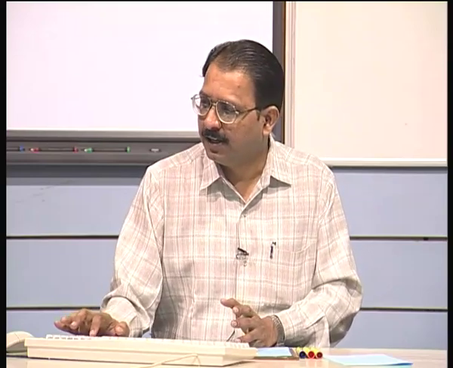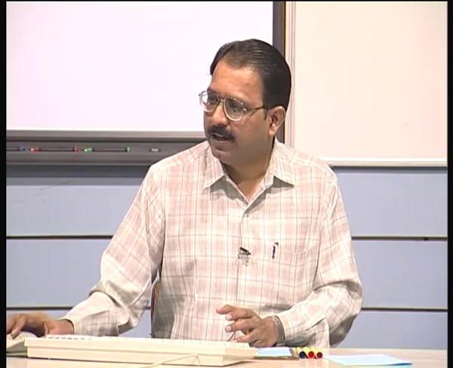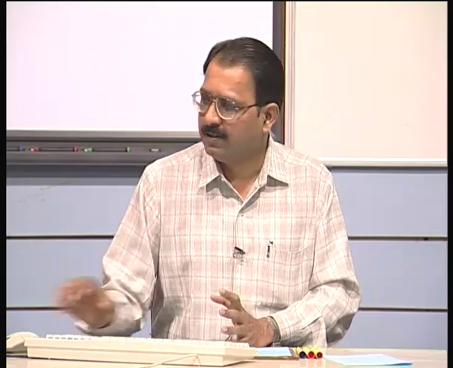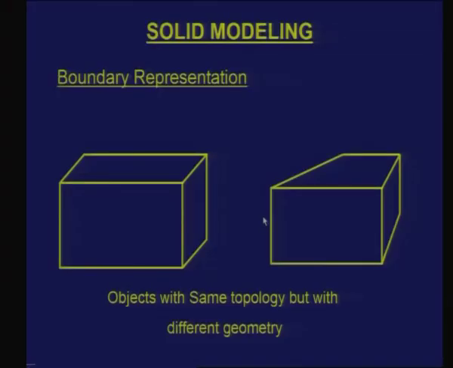If I take an object like this, there are 3 cases of parallel faces. Here is an object where there is one case of 2 parallel faces. So one can easily evaluate from the geometry and topology information. The same thing from other representations may be more difficult to do.